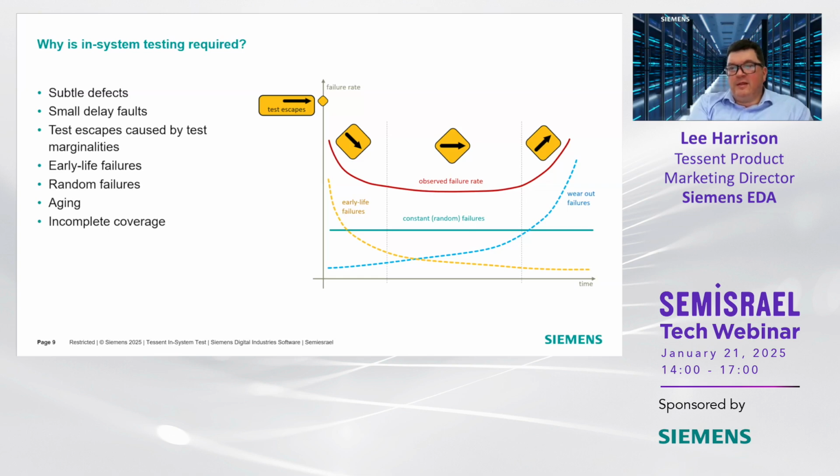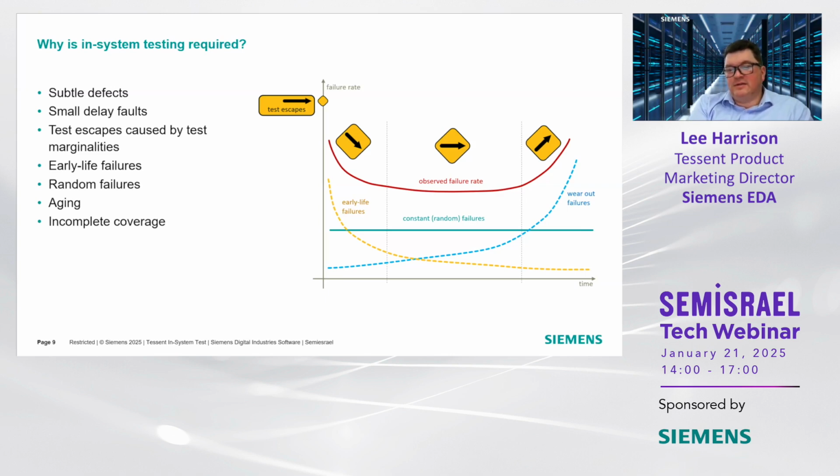And then with the SLM technology, being able to monitor at a higher level the health of the silicon throughout its life cycle, we're able to look for those random failures, plus also the aging failures.